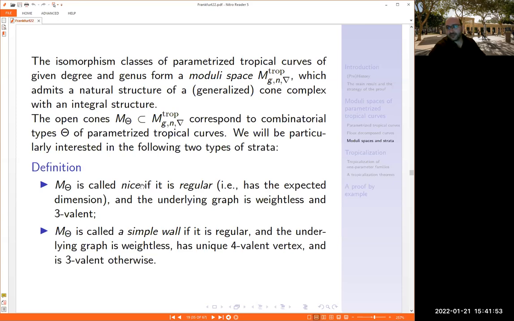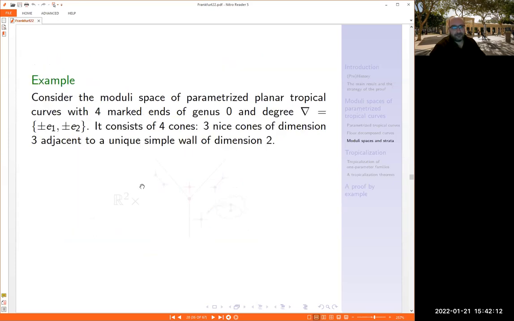So this is what happens when you take one particular edge and you shrink it to length 0, and instead of 2 3-valent vertices, you get 1 4-valent vertex. So these two types of cones will play a central role in the talk today. Okay, so here is an example.